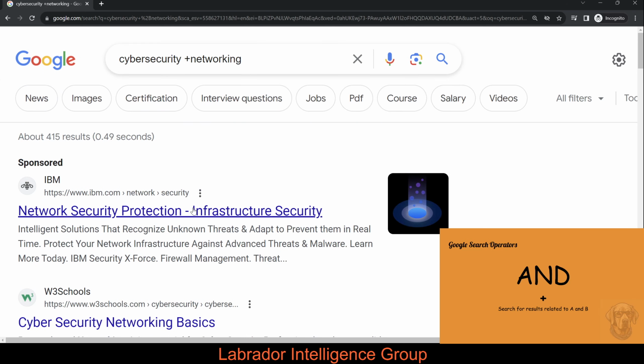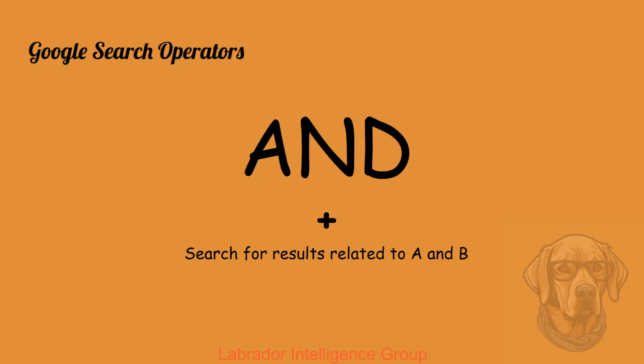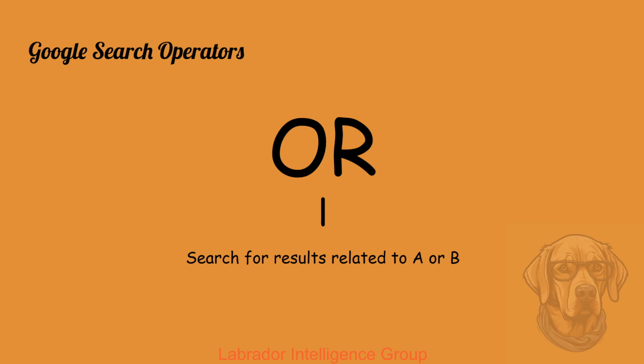If you only wanted to have search results that had the word cybersecurity or the word networking, and maybe not both, in that case, you could use the or operator. Only one of your keywords needs to be returned in order for it to appear on your search page.